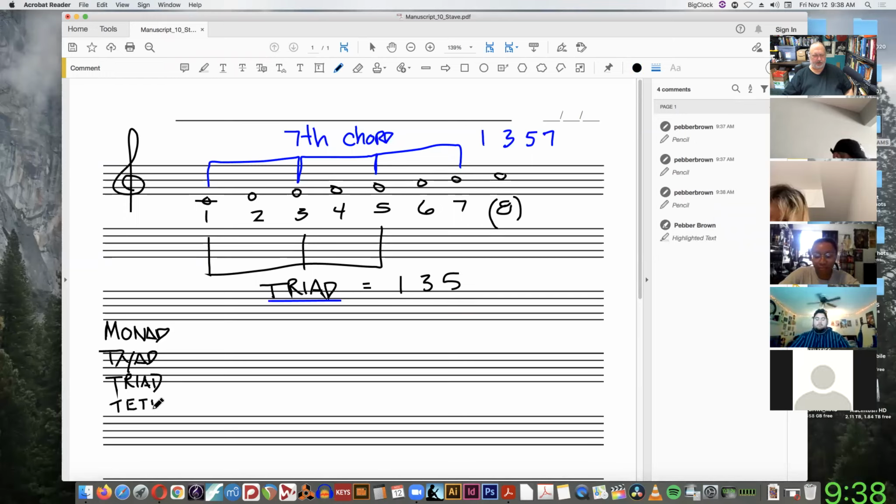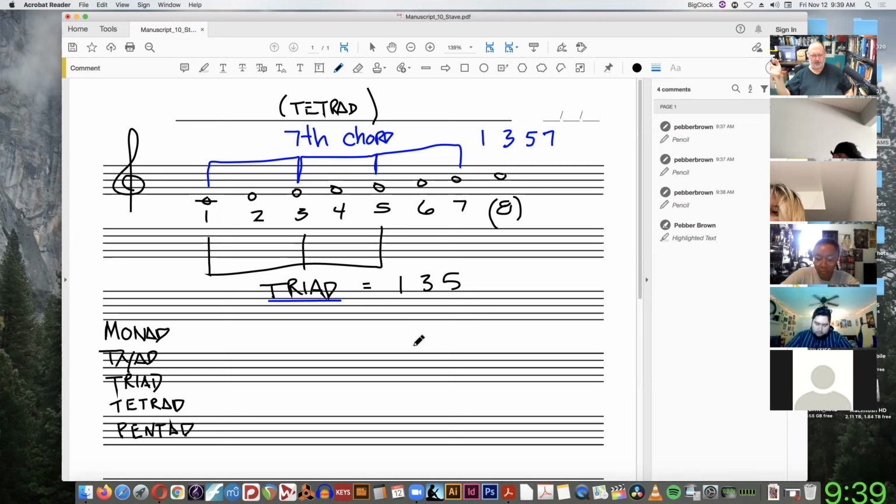Remember our tetrachord? And a 5-note sequence is going to be a pentad, right? So this 7th chord is actually a tetrad, if we're saying this is a triad.